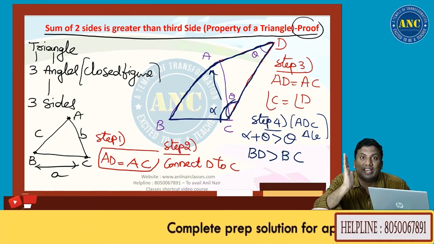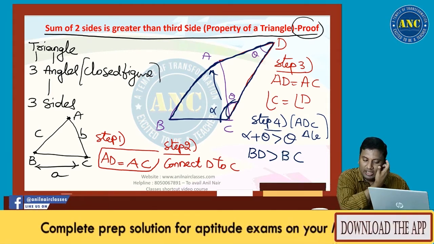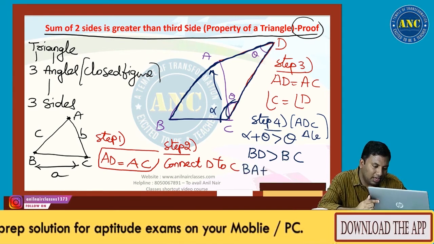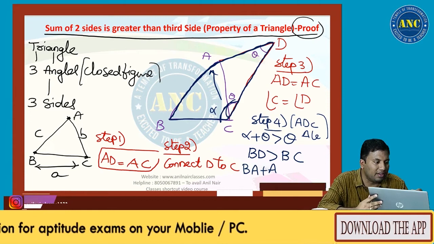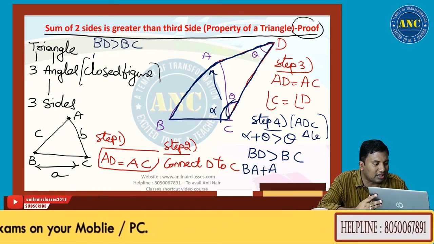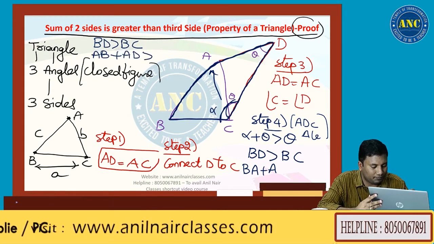Since alpha plus theta is greater than theta, BD should be greater than BC. What do you mean by BD? BD is nothing but BA plus AD. So BD is greater than BC means AB plus AD is greater than BC.